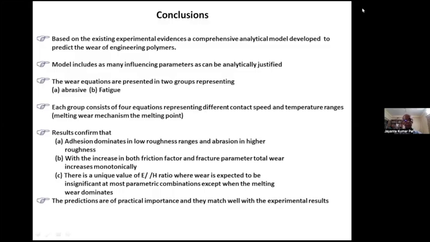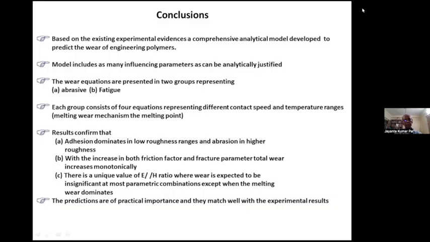Although we cannot conclude that higher friction means higher wear, but in many cases, friction factor is responsible, or friction is responsible for high wear.